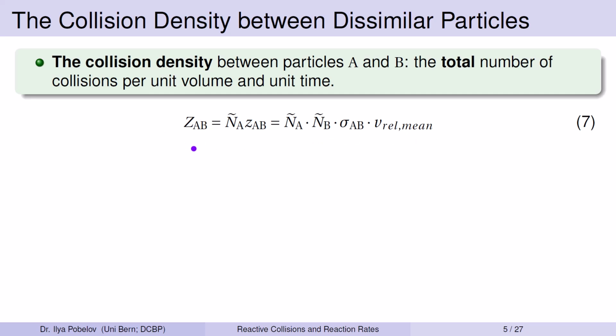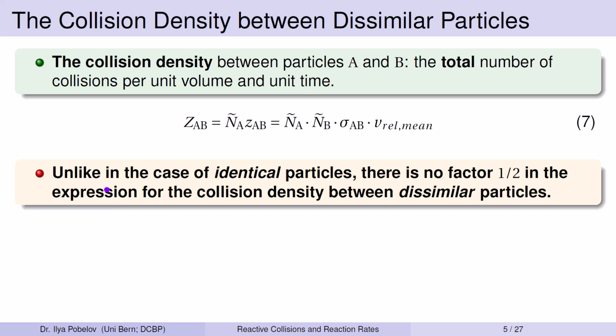The collision density is equal to the product of the particle density of A and B, the collision cross-section, and the mean relative speed. This simple result reveals two important insights about collisions between different particles.